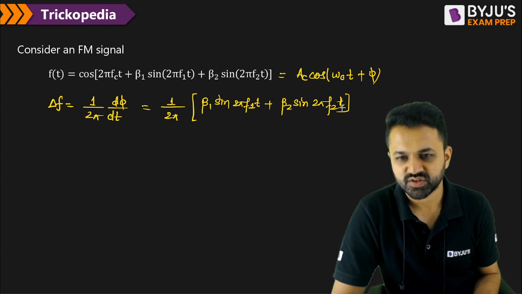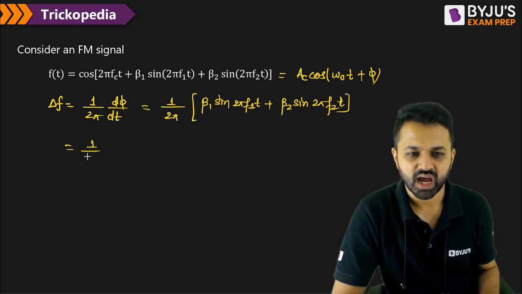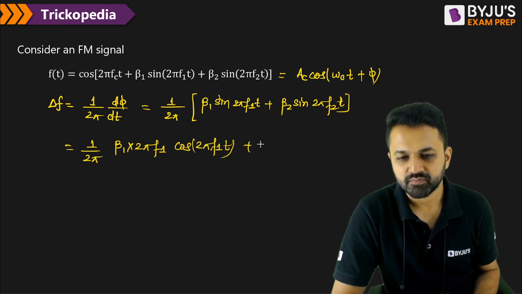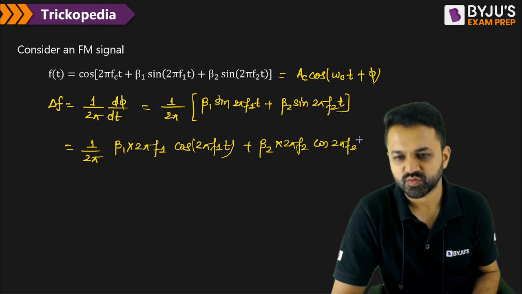Now if I differentiate it with respect to time, I will get 1 upon 2 pi times beta 1 into 2 pi f1 cos 2 pi f1 t, plus beta 2 into 2 pi f2 cos 2 pi f2 t.